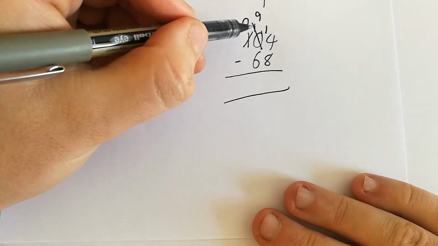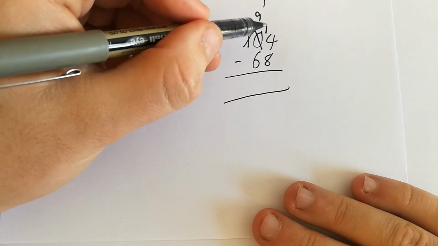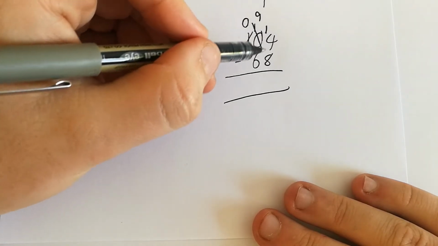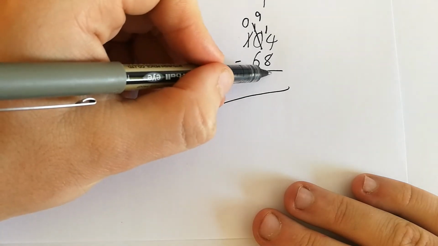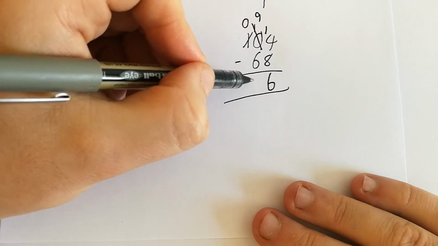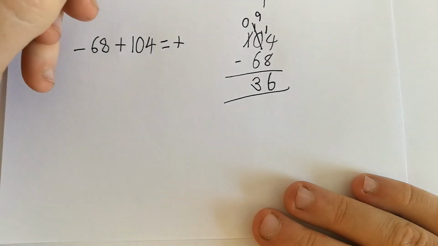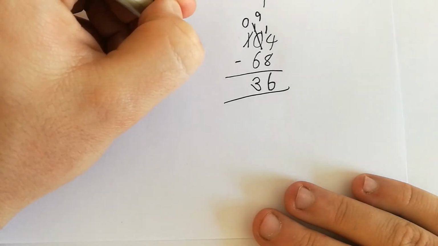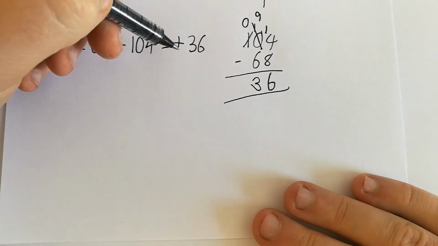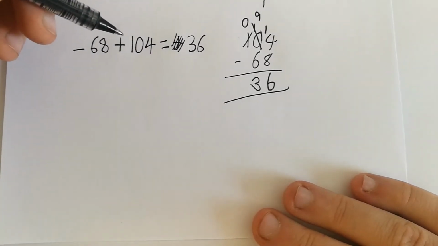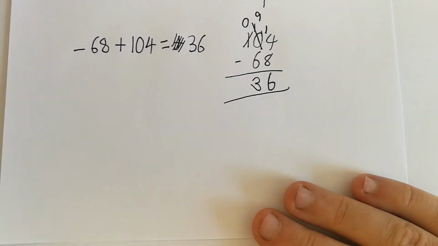We take 1 off the 10, turns it into a 9, and puts 1 here. So then you get 14, and 14 minus 8 is 6. We've got 9 minus 6 is 3. So minus 68 plus 104 is 36. And we don't need the negative, so we can ignore that negative.